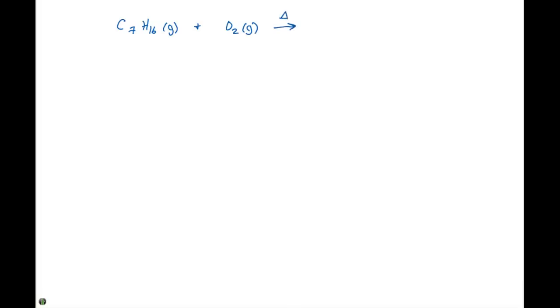If we heat these up, this is going to give carbon dioxide plus water. And again, remember, in a combustion reaction, we're always going to see oxygen as a reactant and CO2 and H2O as products. In these combustion reactions, I think taking the following steps would be important. 1, you want to first balance the carbon.